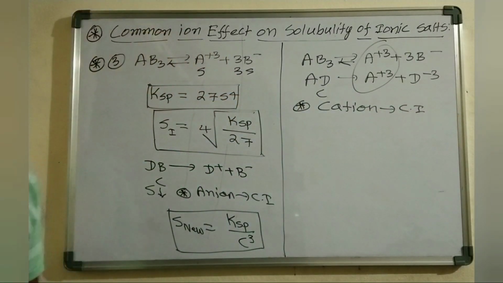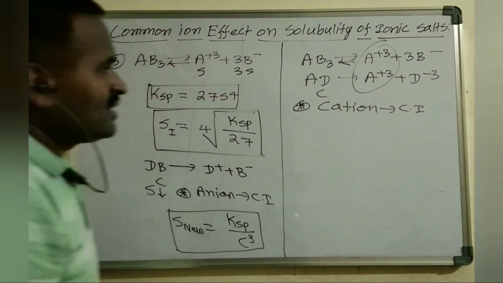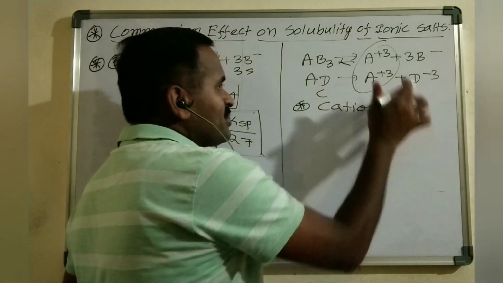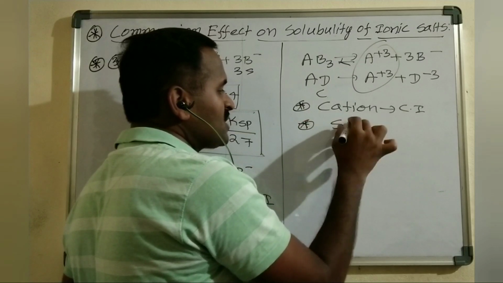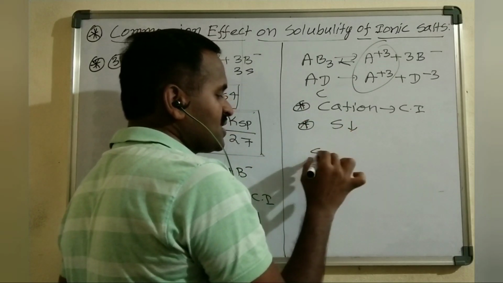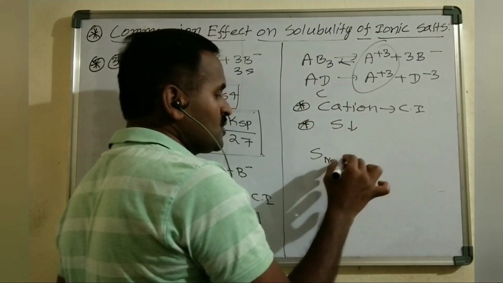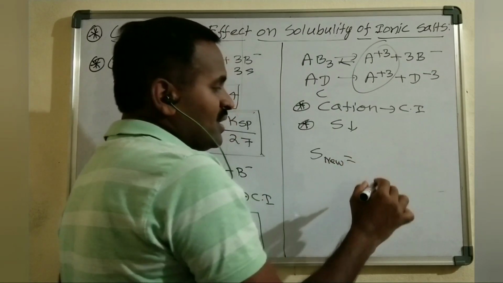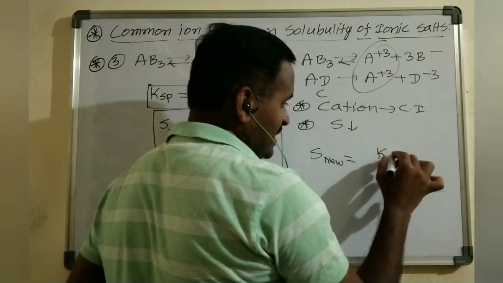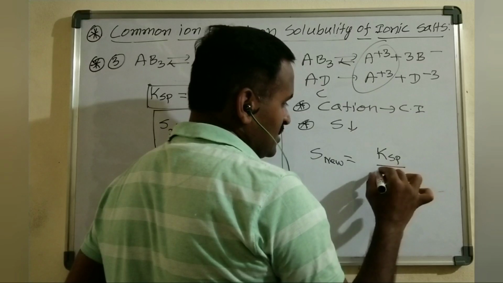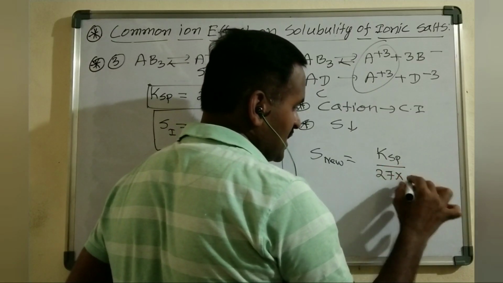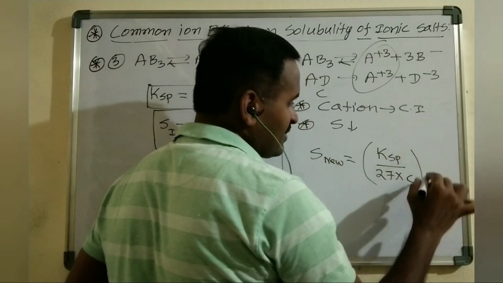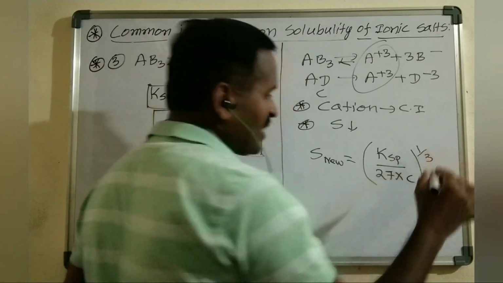With this cation common ion, due to its presence, the solubility of the sparingly soluble salt will decrease, and the new solubility is equal to KSP divided by 27 into the concentration of the ionic salt which is added, whole power 1 by 3.